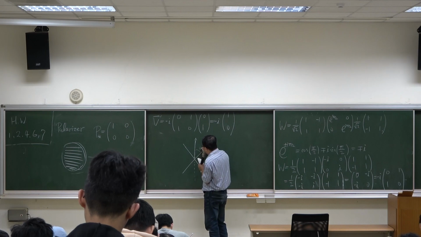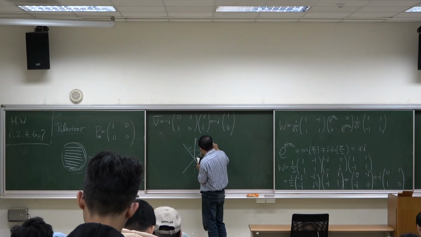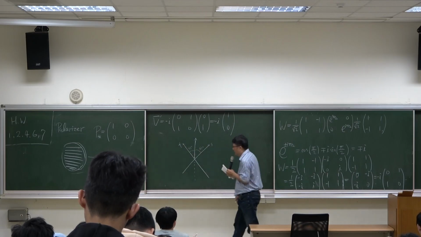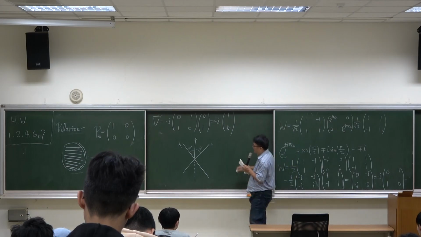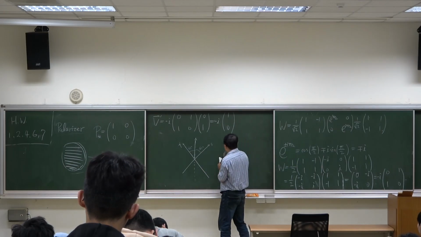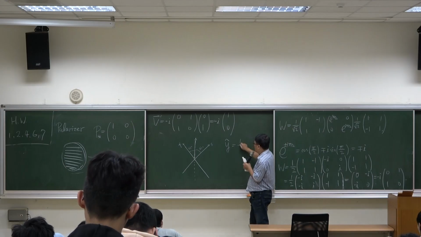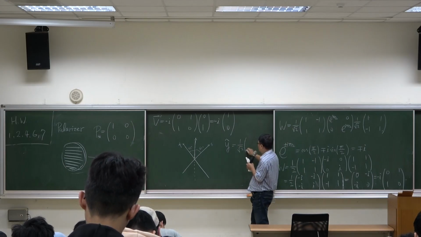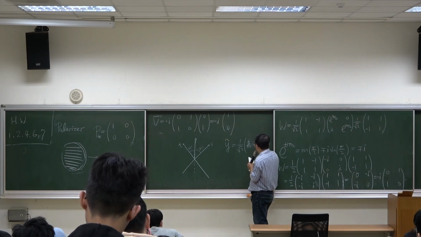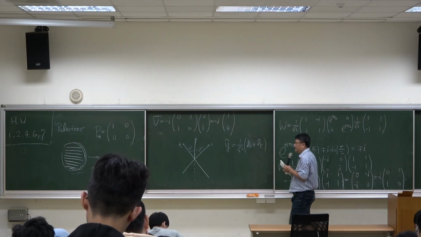Here we have 45 degrees and 45 degrees. Okay, here this is slow axis and this is fast axis. Okay, so y can be written as this, ES plus EF.